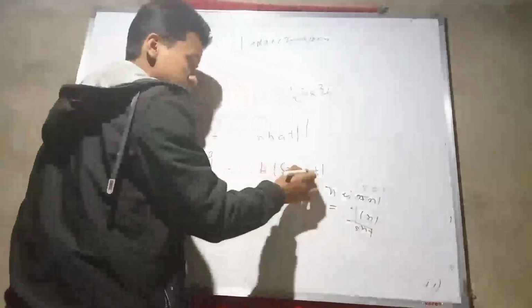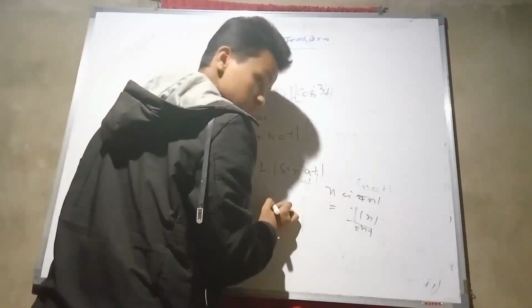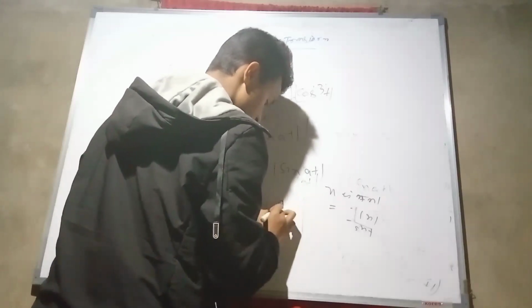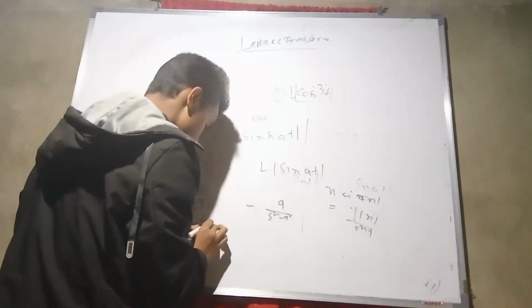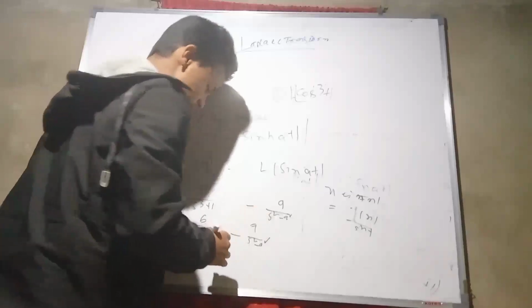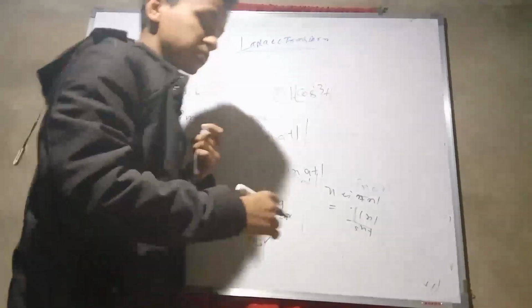Sin hyperbolic at is nothing but a upon s square minus a square. So 3 factorial gives 6 upon s^4 minus a upon s square minus a square. That is our Laplace transform.